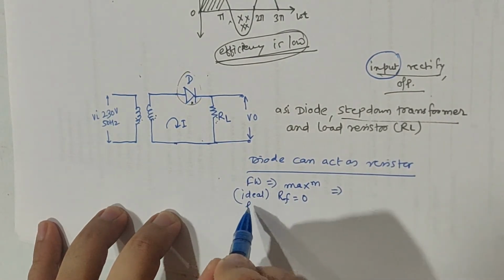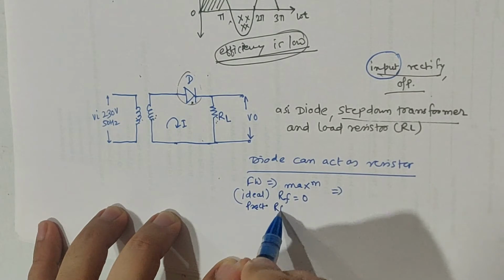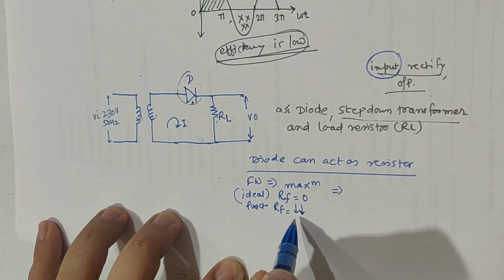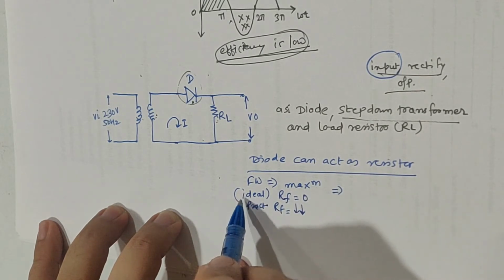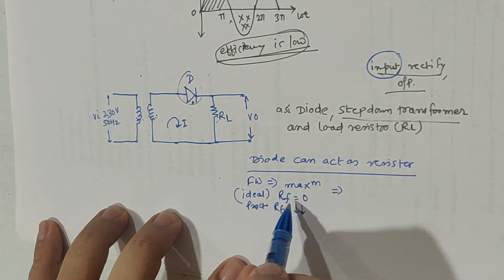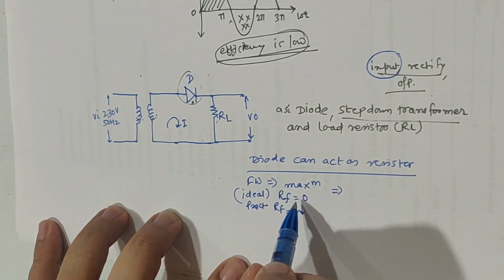If I am considering a practical diode, its RF is going to be very small. In forward bias the resistance comes out to be very small, but if I consider it to be ideal, the RF is 0. If RF is 0, the current flowing through it is going to be maximum.